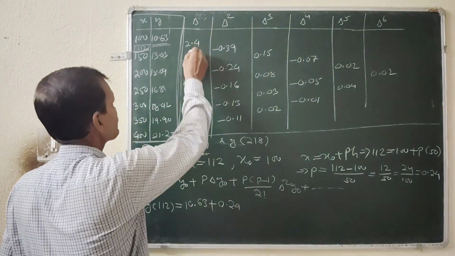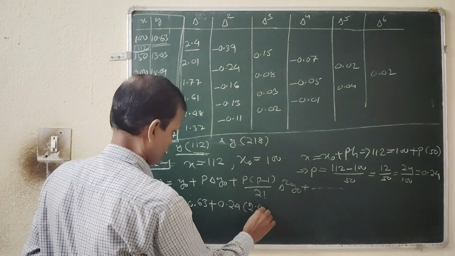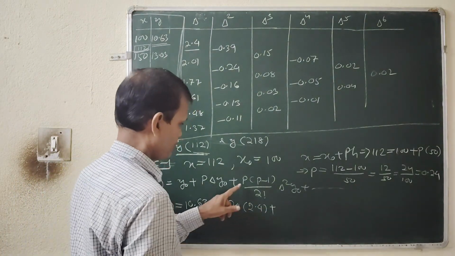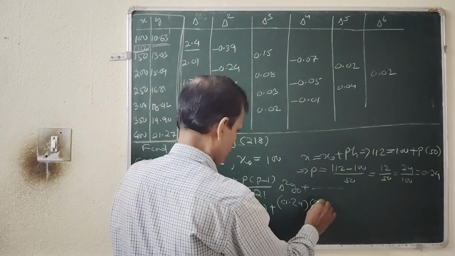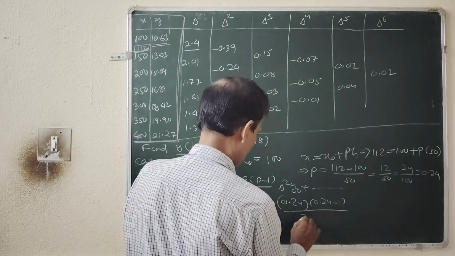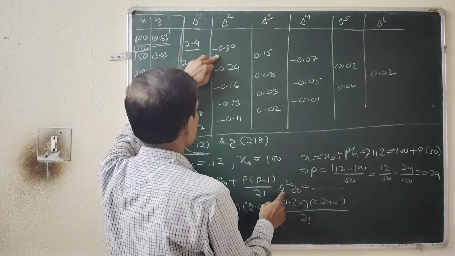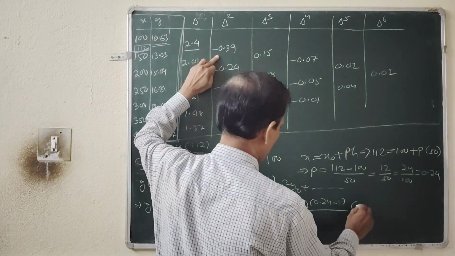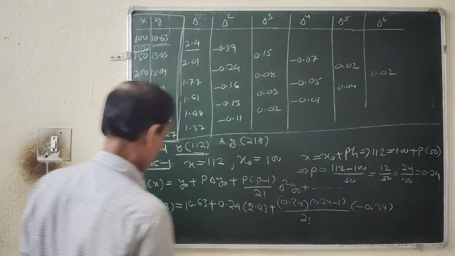Then delta y0, that is 2.4, plus p, 0.24 into (0.24 minus 1) by 2 factorial into delta square y0, which is minus 0.39, plus.